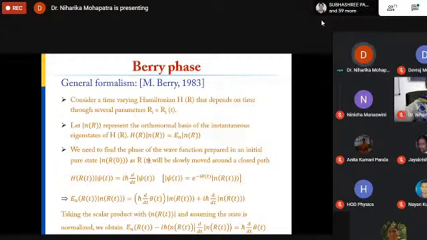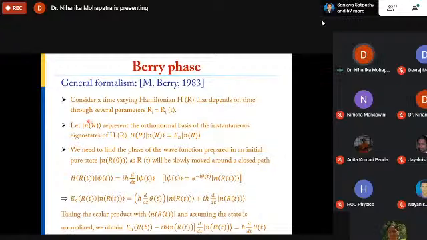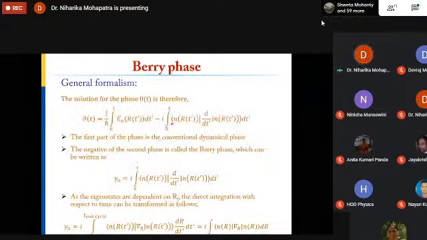Let us say that R changes very slowly with time, and H is dependent on this R. Then you take the psi t, which you can construct from the n of R. The n of R represents the basis function. So these remain the same basis from which we construct our psi t. With that, this additional phase can be represented like this.